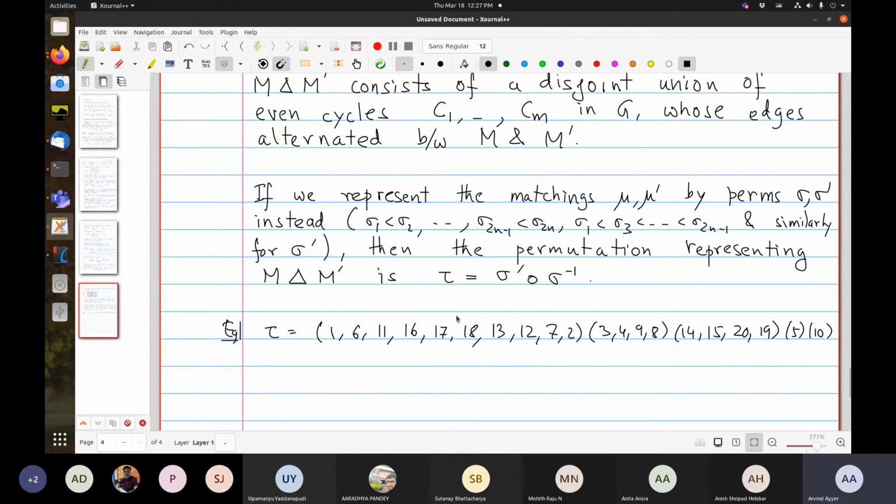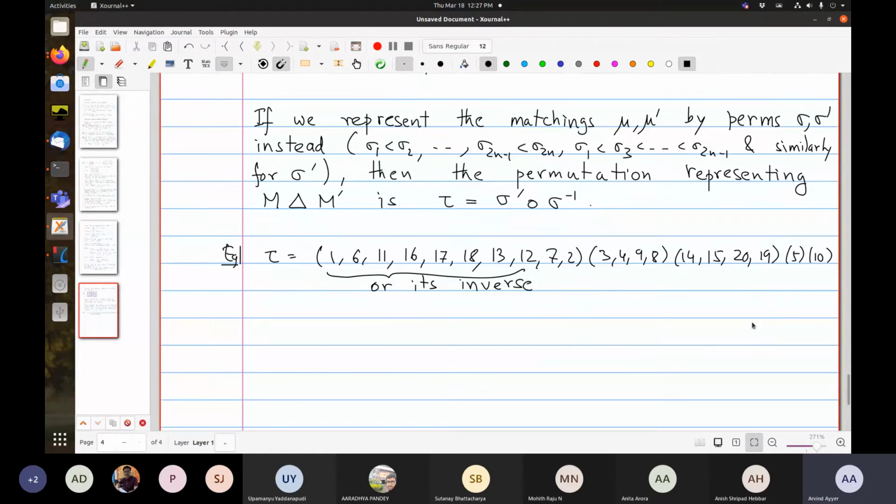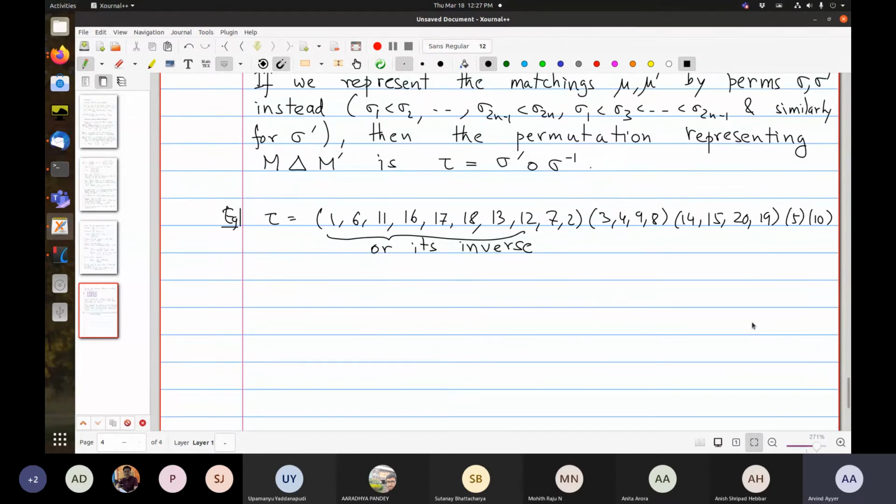It's either one or the other, but it's not going to matter for what I'm going to do next. So it's either this or its inverse, which is 1, 2, 7, 12, etc. And same for all of these. Here, of course, there is nothing.